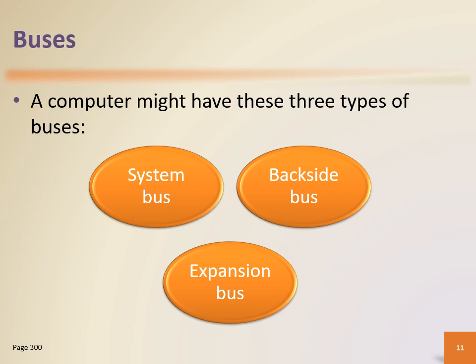The system bus is also known as the front side bus. It is part of your motherboard and it connects your processor to main memory. The backside bus connects the processor to cache memory, and the expansion bus allows the processor to communicate with the peripheral devices. But usually we as computer professionals use the term bus for the system bus only.